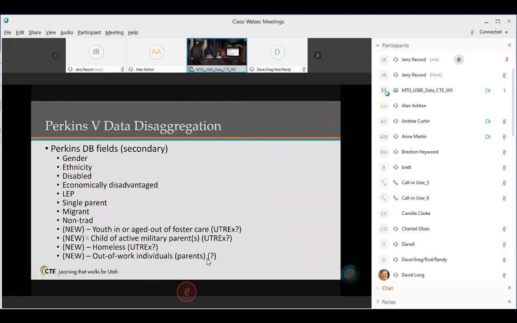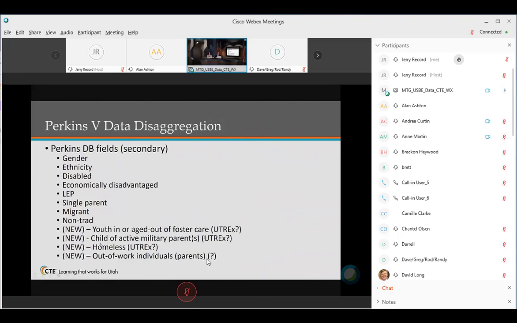And then we have 4 new ones. If Lynn Sorensen is there, correct me if I'm wrong, but I'm thinking at least these first three new ones are coming through Utrex already, so we just have to gather those up at year end. The first one is youth in or aged out of foster care.